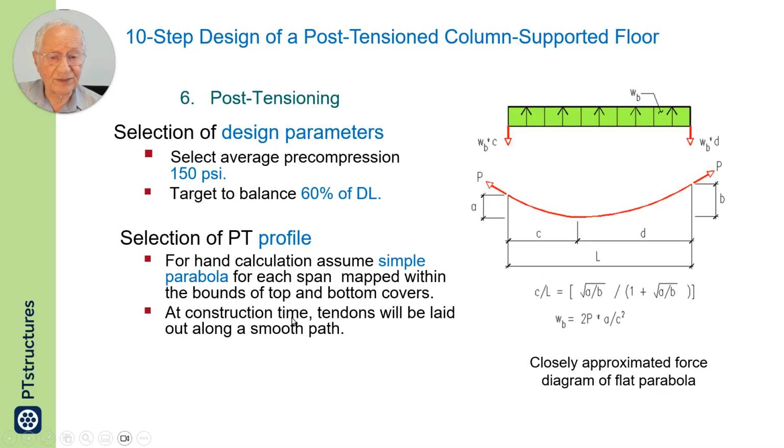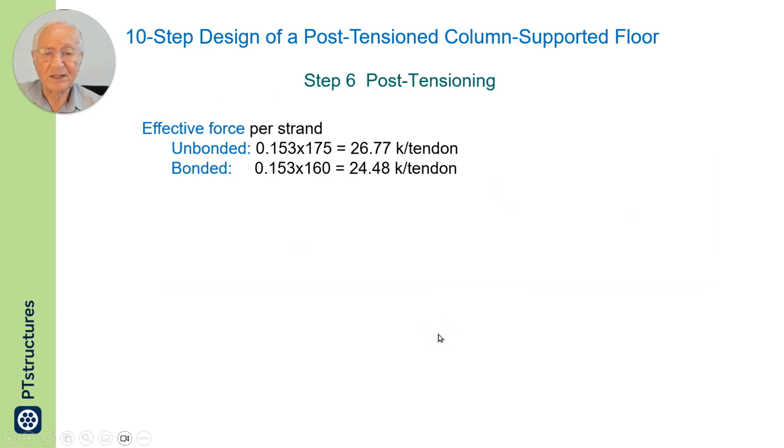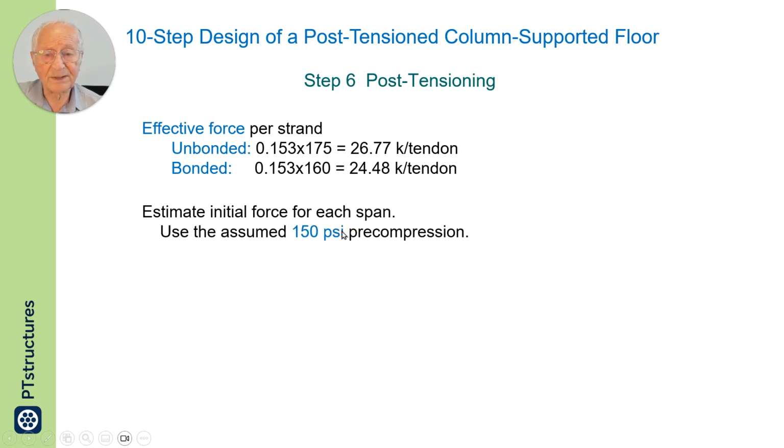At construction time, tendons will be laid out somewhat differently, not exactly like I have. Maybe in the next slide we will see it. I assume an effective force for a tendon, which is 226.77 kips per tendon based on 175 ksi, and this is the strand area times its effective stress for unbonded tendons.